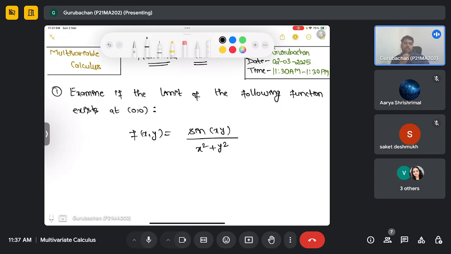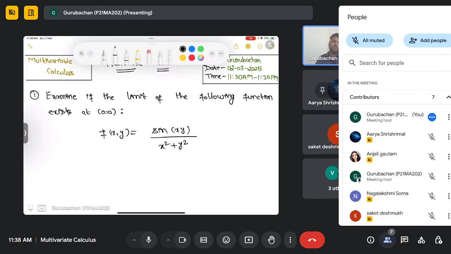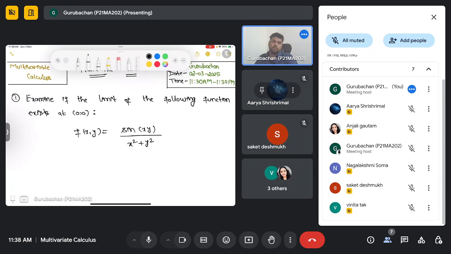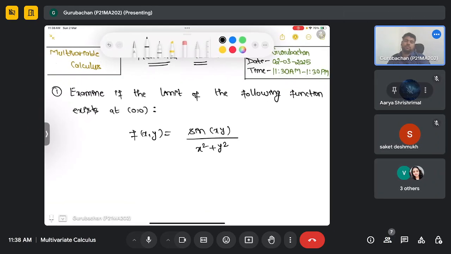Does anyone remember how we can show the existence or non-existence of the limit of a two variable function?